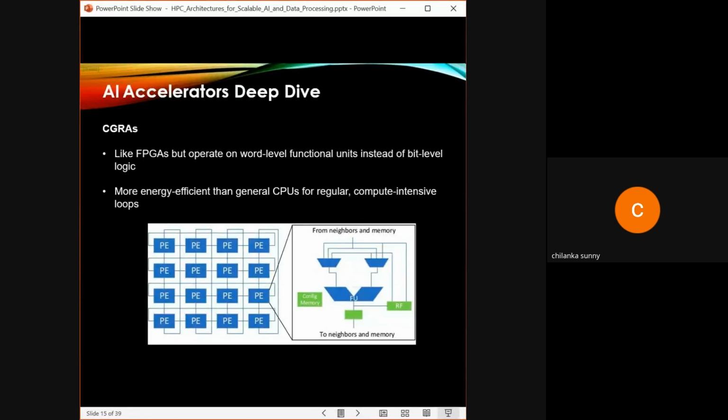So the toolchain complexity is a bottleneck there. Coming to applicability, they perform well on structured, loop-centric code rather than highly irregular algorithms. In practice, these CGRAs are well suited as on-chip or card accelerators for edge and embedded AI, where high performance per watt and low latency matter.